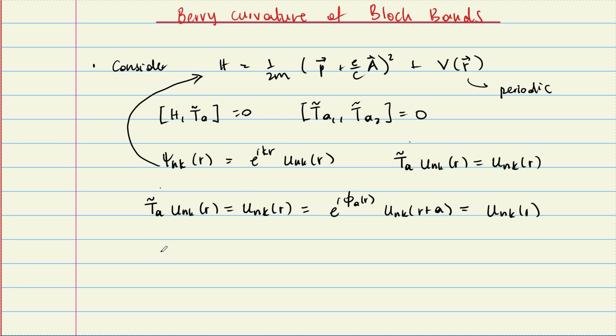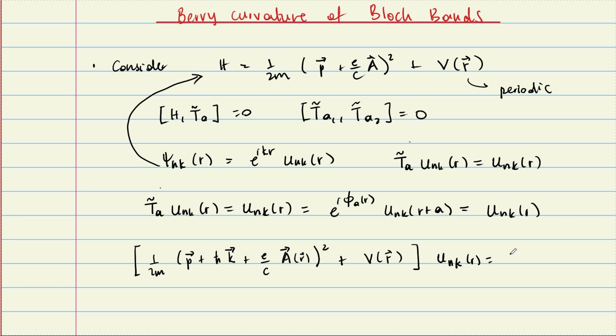Then what we are going to find is something like that: 1 over 2m (p plus, let me write vectors here to emphasize the structure, plus e over c A, which is R dependent) squared, plus V of R, this entire thing acting only on Bloch functions u_k of R, and they give you E_nk u_nk of R.